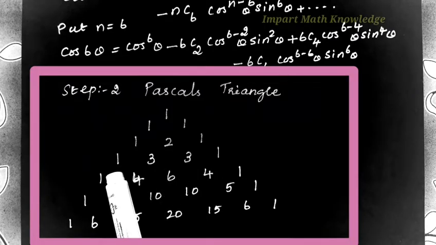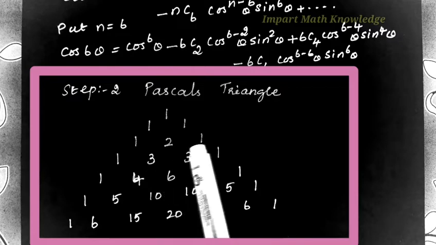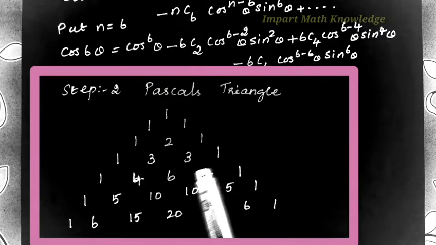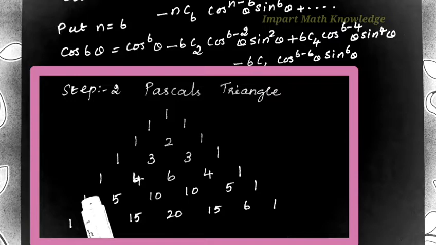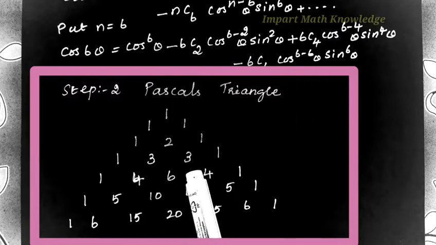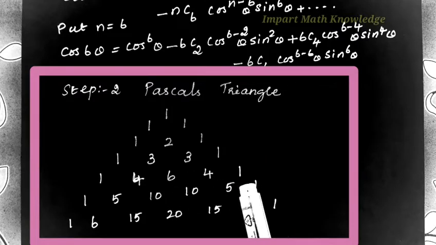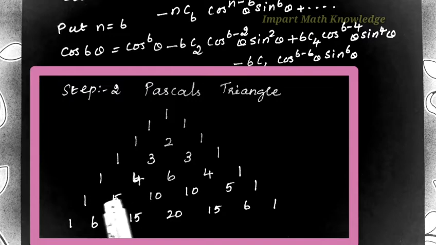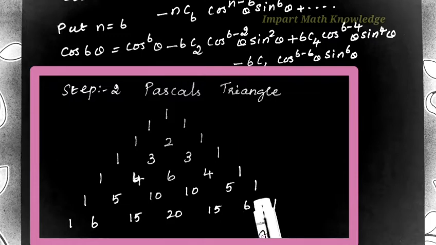Now write 1 again, 1 plus 2, 3, 2 plus 1, 3, then write 1 here. Next one, write 1 here, 1 plus 3, 4, 3 plus 3, 6, 3 plus 1 is 4 and write 1 here.